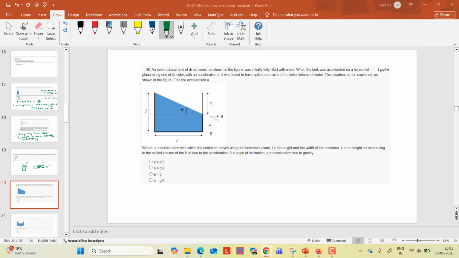To calculate the a. So this is the theta angle, right?